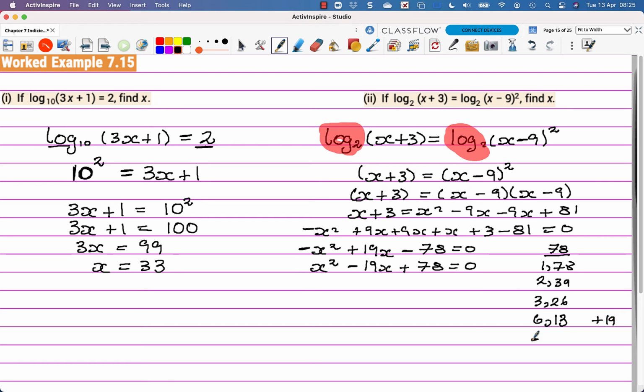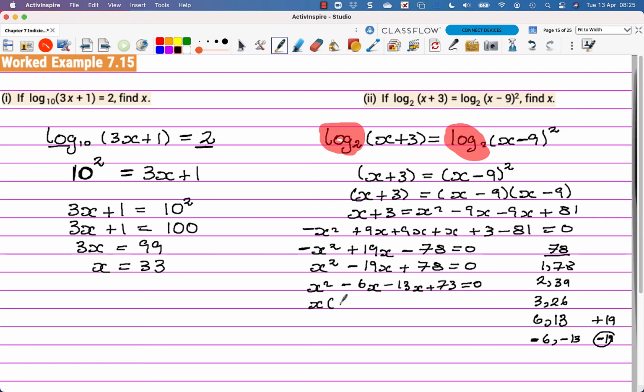So therefore the pair we're looking for must be minus 6 and minus 13, which will add up to give you minus 19. So x squared minus 6x minus 13x plus 78 is equal to 0.